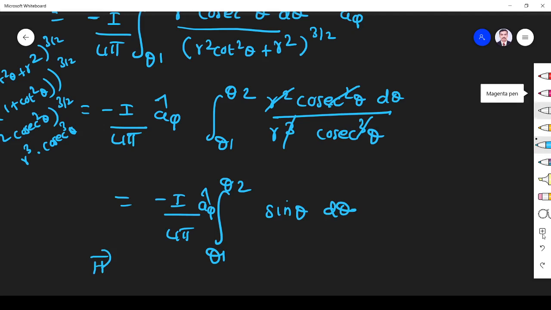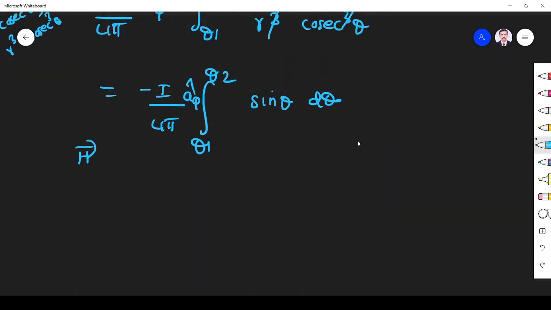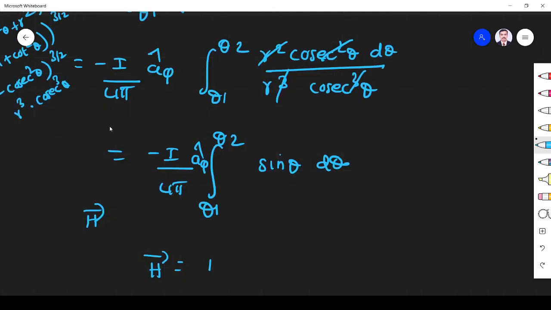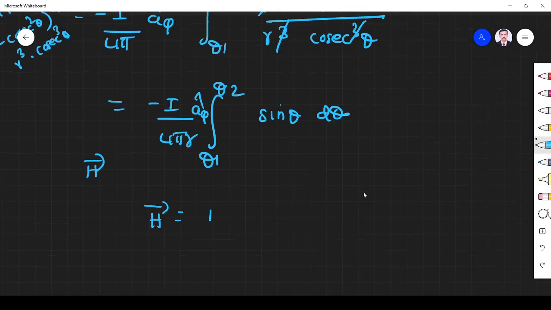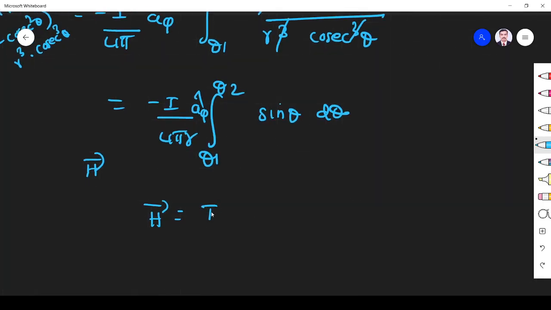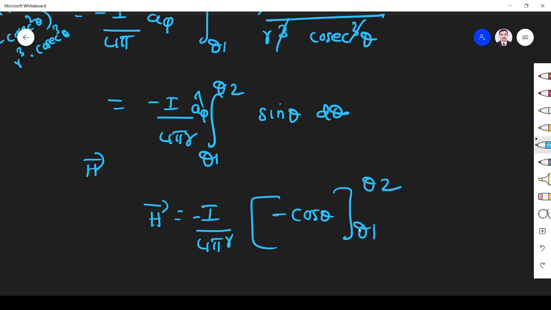So from this, H is equal to, in the denominator we have one R, that R I bring outside. So I by 4 pi R, minus sin theta is minus cos theta, theta 1 to theta 2, right?